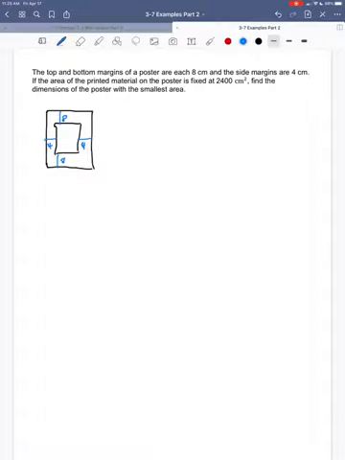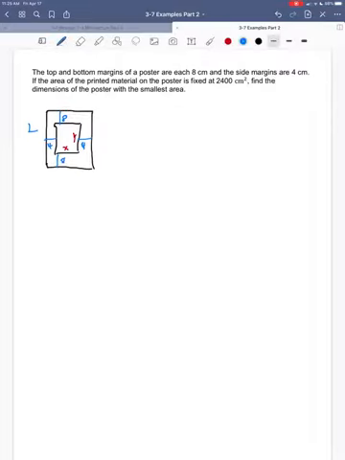If I'm going to be talking about the overall dimensions, I need to know what the dimensions of that inside rectangle are. Those aren't given. I could use some variables. I could call that distance x and that distance y. So if I want to look at the overall poster, I've got an overall length, which is up and down, and that length is this y distance in the middle and then 8 on the bottom and 8 on the top.